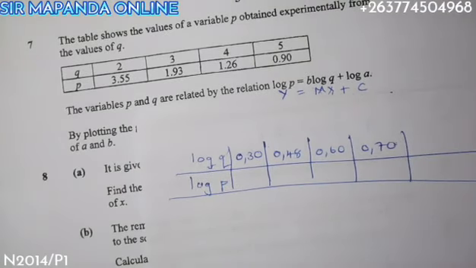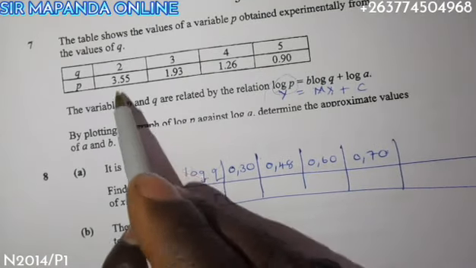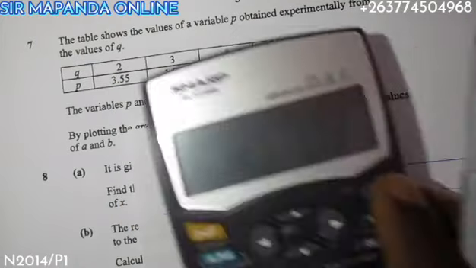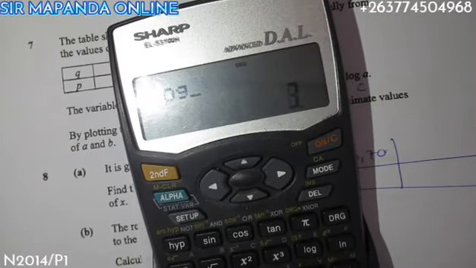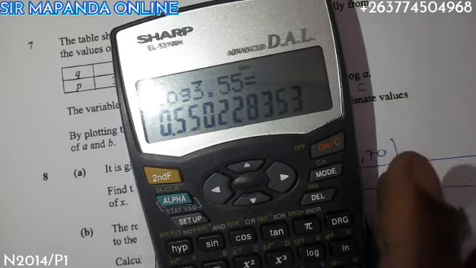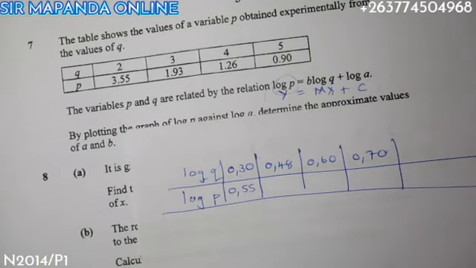Right, then we move on to log P. Log P is representing the y value. Since log P is the subject, you are going to find log 3.55. Log 3.55, you get 0.55. So I'm going to write 0.55 here.